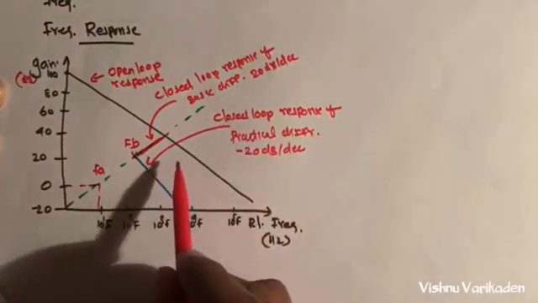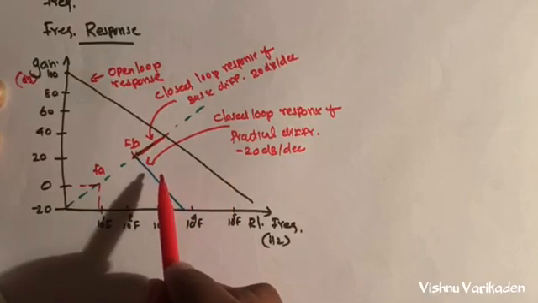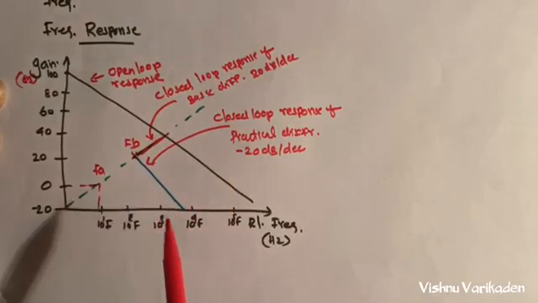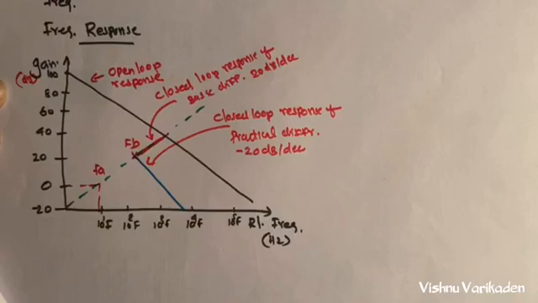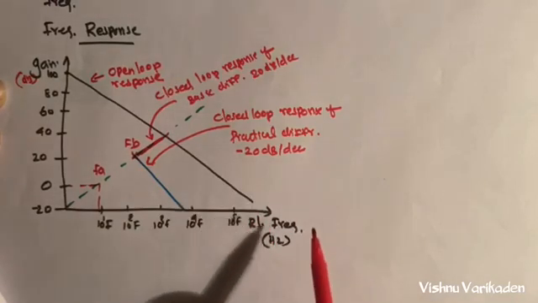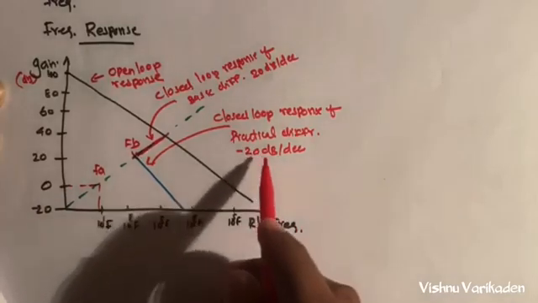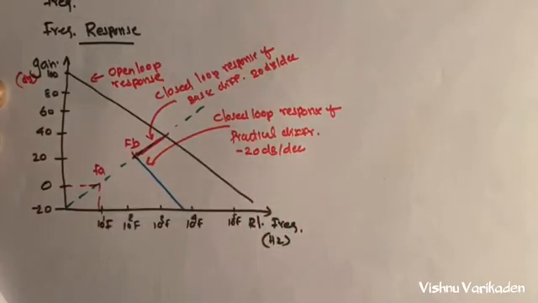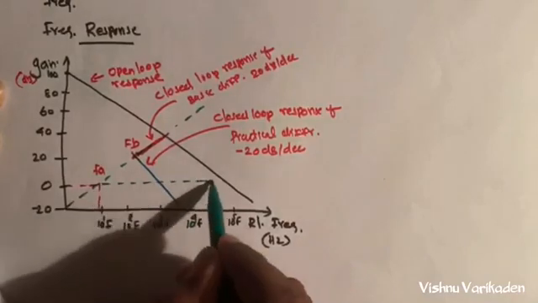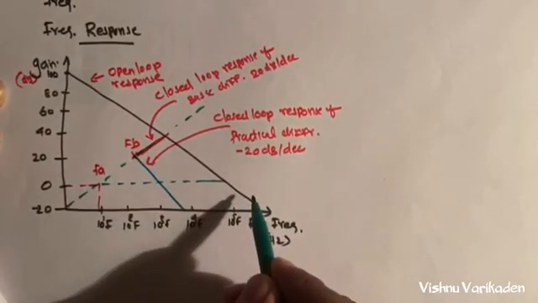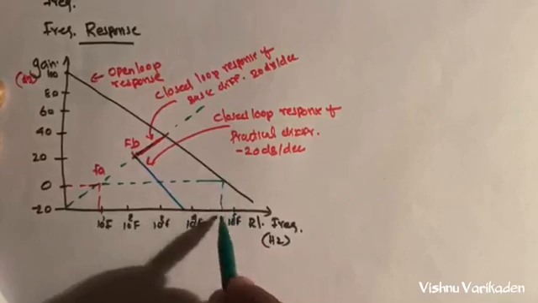But in the practical case, we apply two other components, that is R1 and CF. So for further increasing frequency, the response decreases by minus 20 dB per decade. And the gain is going to be unity, 1, at FC.